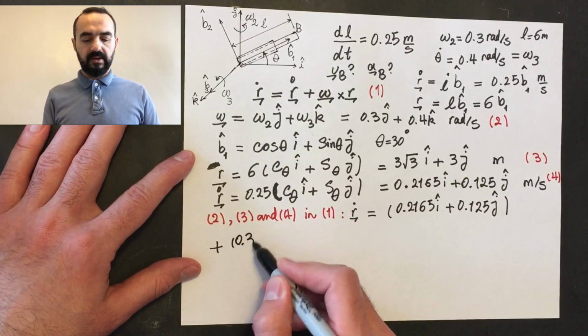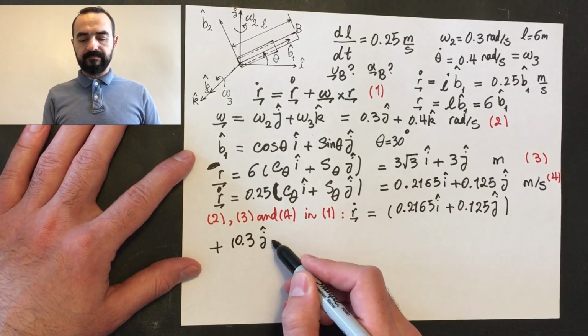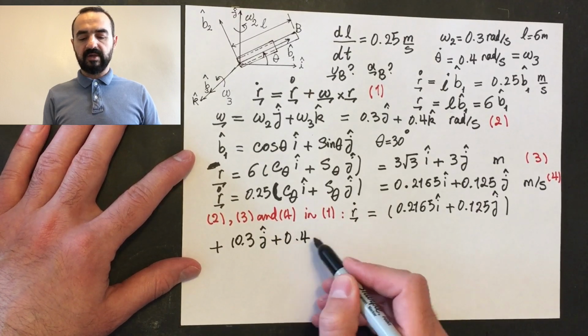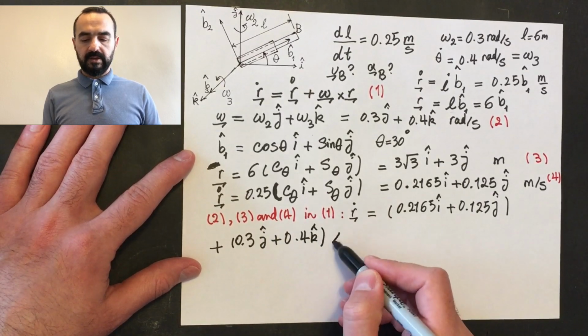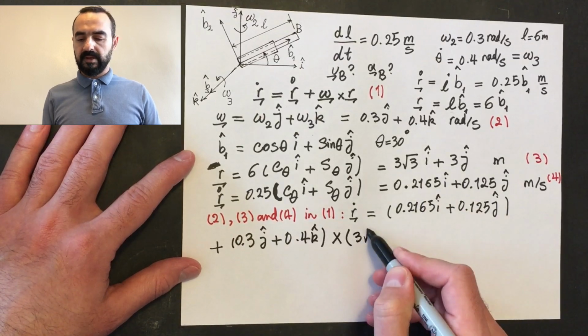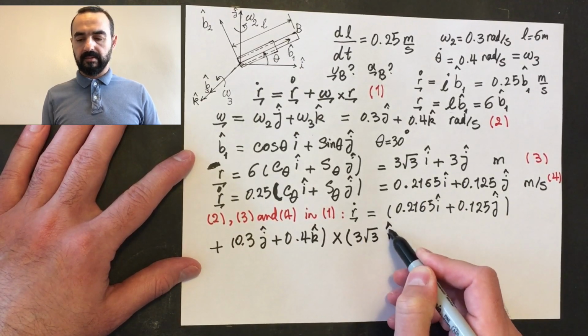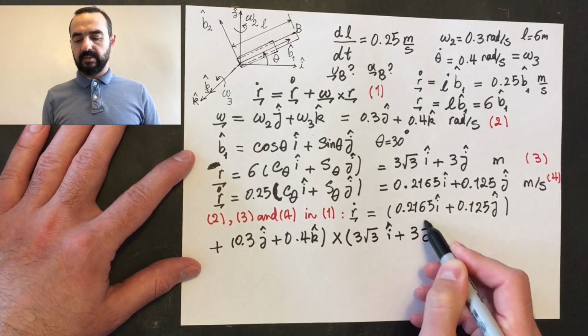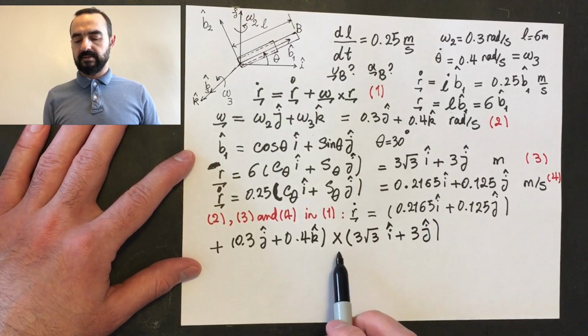Omega was 0.3 j hat plus 0.4 k hat, cross r, 3 I hat plus 3 j hat. Okay, pay attention.